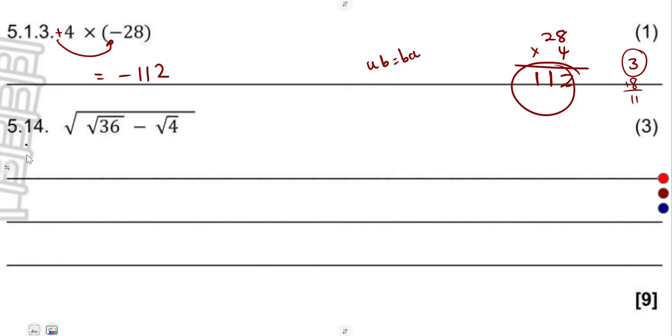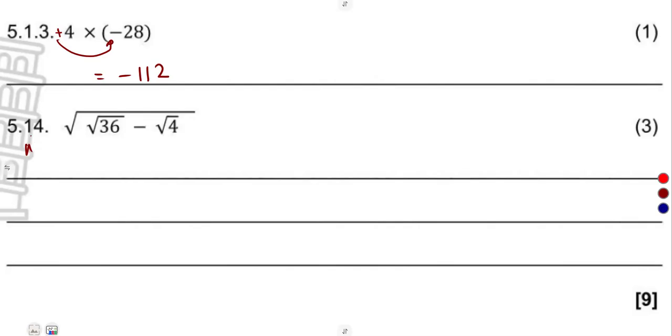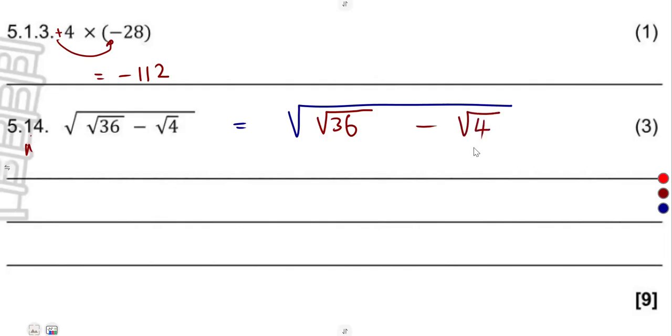Simplifying this 5.1.4, we have the square root. Then under that square root, there are others that are affecting that, which is the square root of the square root of 36 minus the square root of 4.